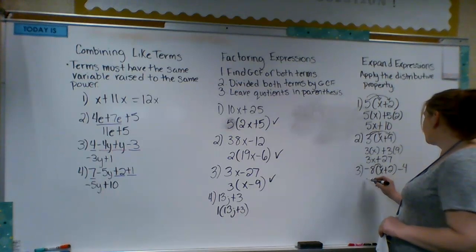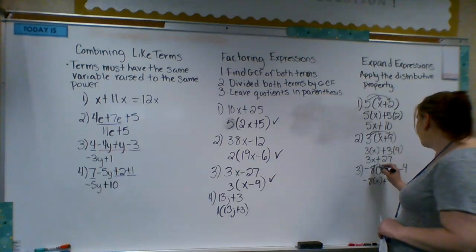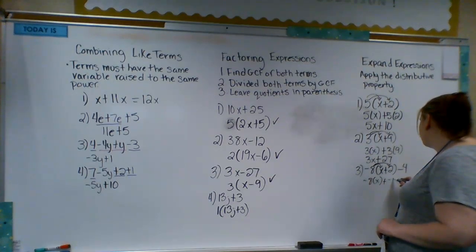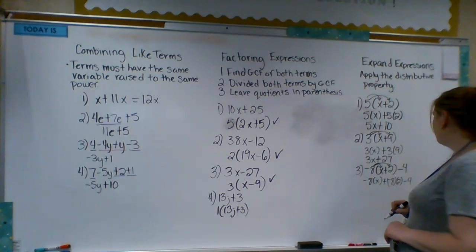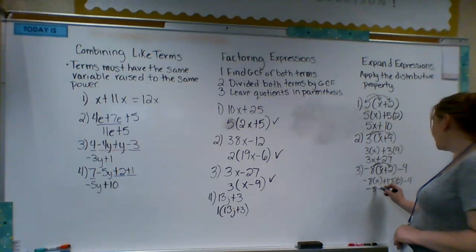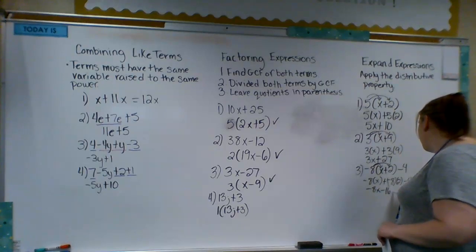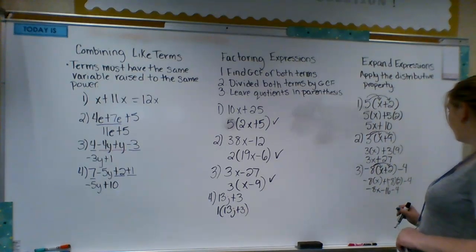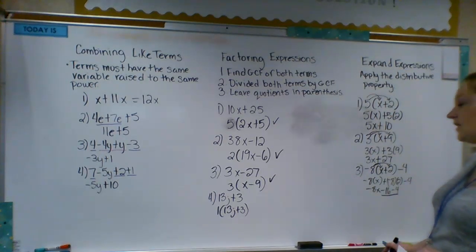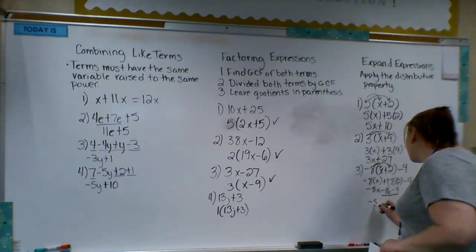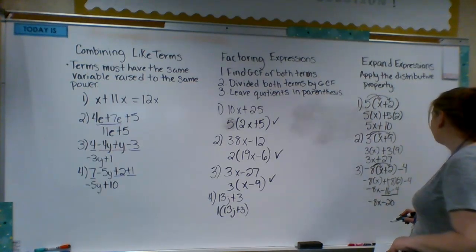Negative 8 times x plus negative 8 times 2 minus 4. So this would be negative 8x, negative 8 times 2 is negative 16, minus 4. And then right here we have two terms that we can combine. Negative 16 minus 4 would be negative 20. So my final answer is negative 8x minus 20.